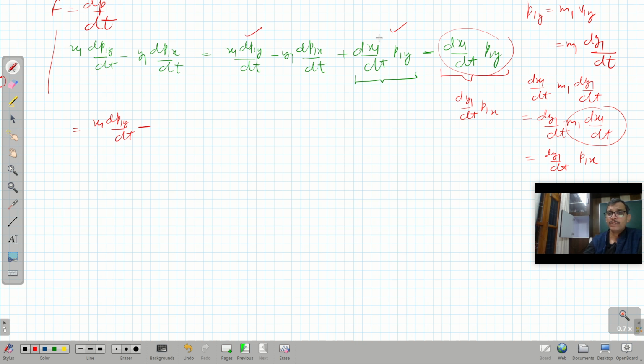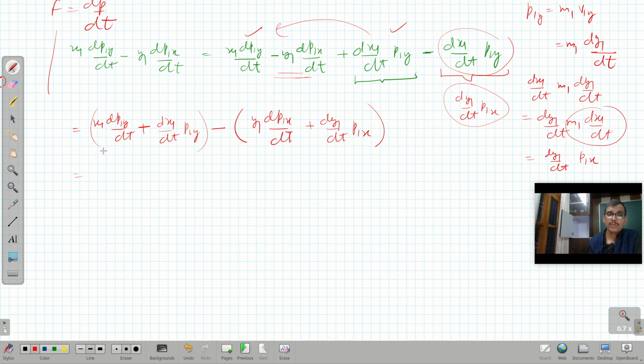With this I am putting this equation, this with this, so it is plus dx1 over dt and p1y, and the minus sign can be taken outside, so inside it is y1 dp1x over dt, and this term is equated to this one, so it is plus dy1 over dt and p1x. Right? So what is it? This is basically a type of product rule.